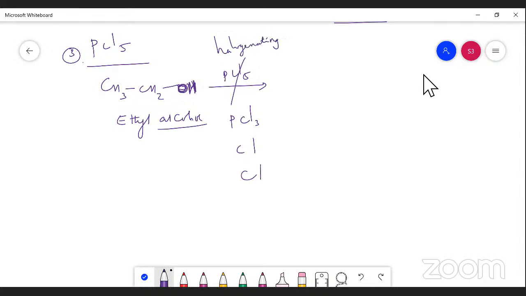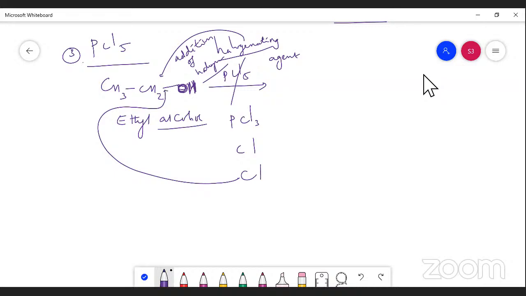Halogenation means addition of halogens, which has the ability to add halogens into the alcohols by heating. This is phosphorus pentachloride. Now this chlorine is going to approach here.